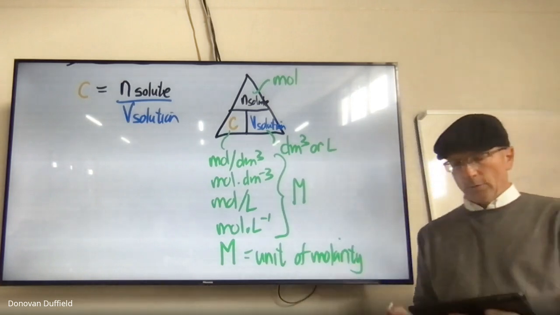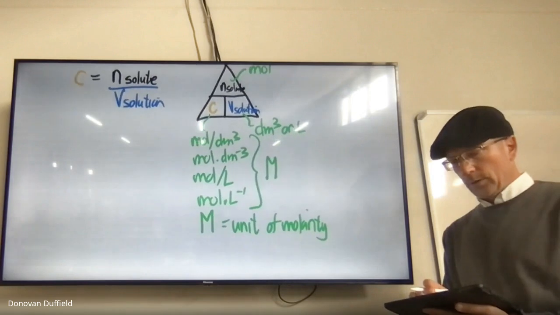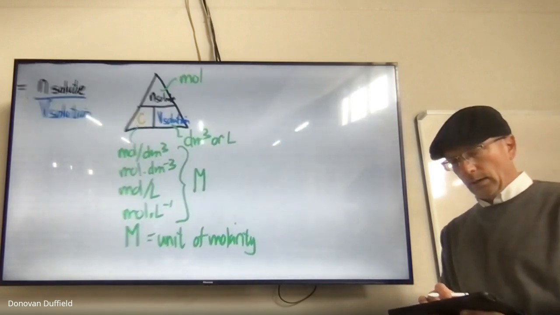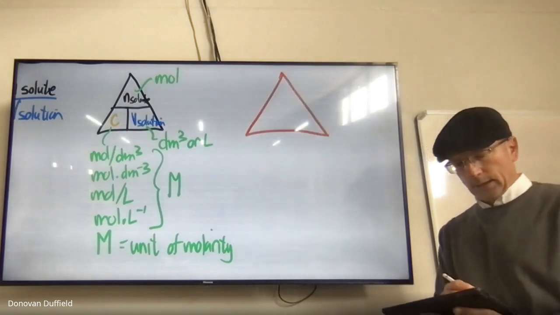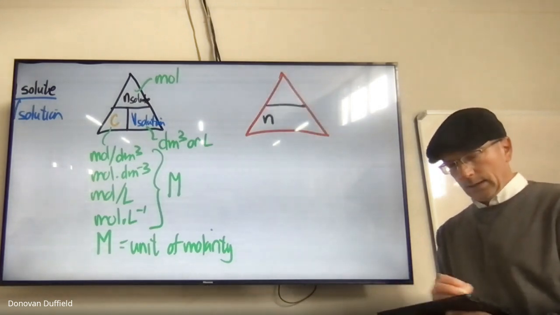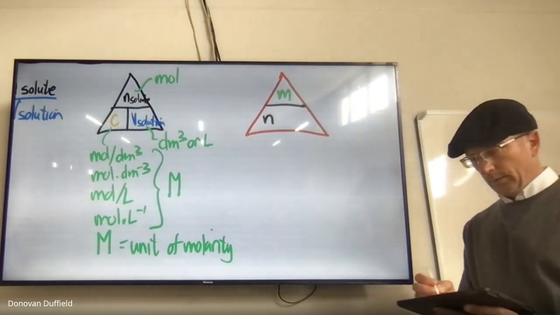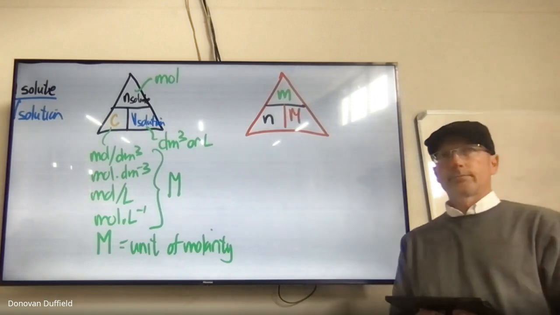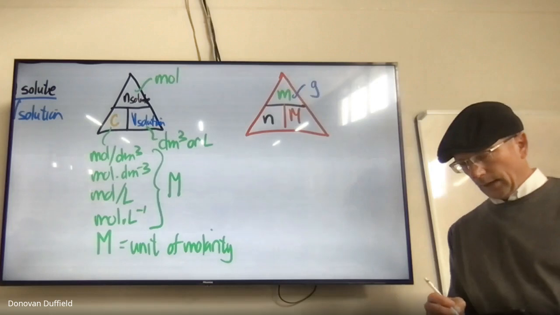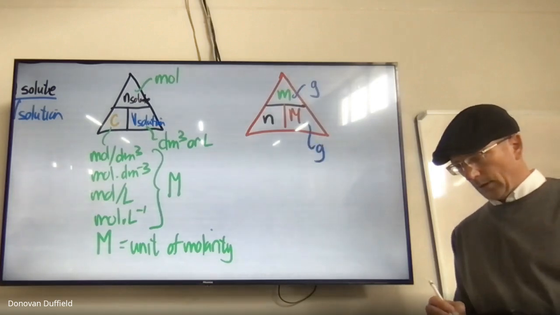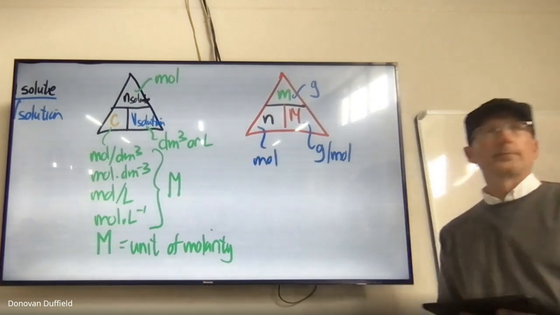Okay, so now we've also worked in stoichiometry. We've worked with the fact that n is m over molar mass. So here we're working in grams, here we're working in grams per mole, and so here we work in mole.